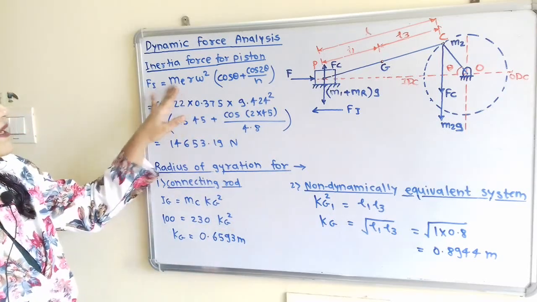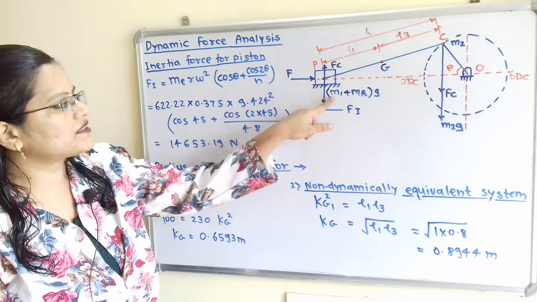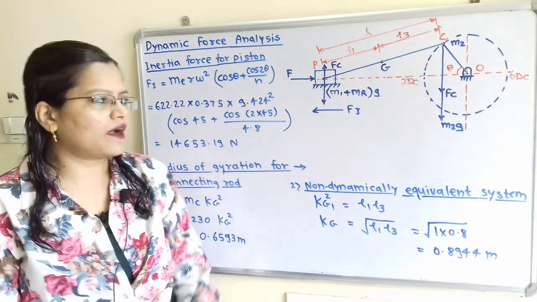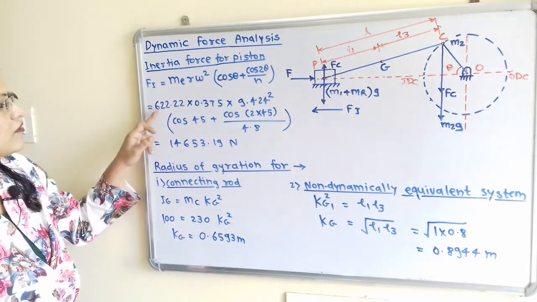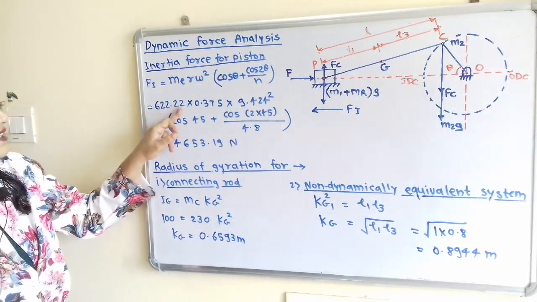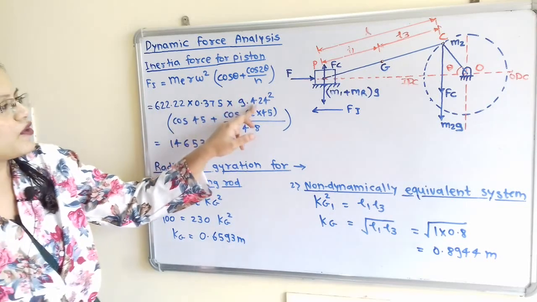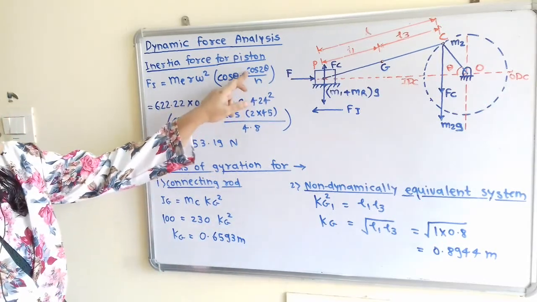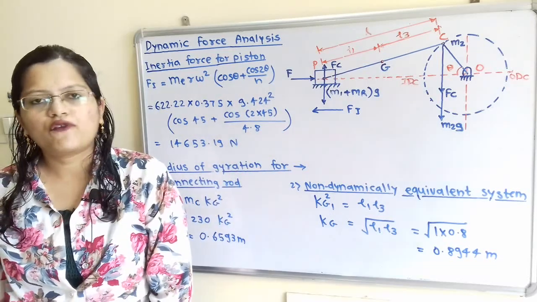Now, how to calculate Me, the effective mass at this point P? Mass M1 is there as well as the mass of the reciprocating parts, so M1 plus Mr is Me. When we calculate, we get 622.22 kilograms into 0.375 into 9.424 square, into the bracket cos of 45 plus cos of 2 into 45 divided by 4.8.